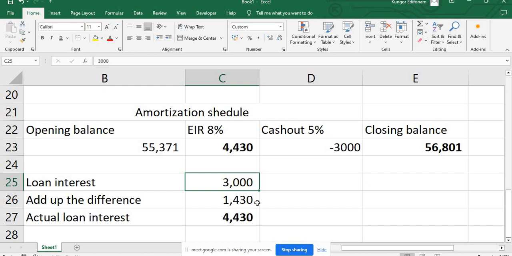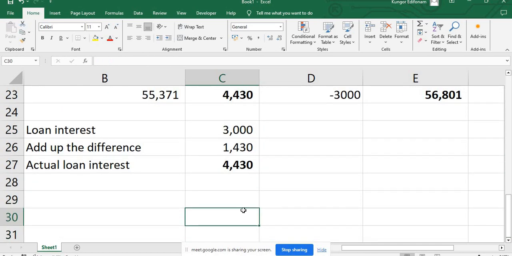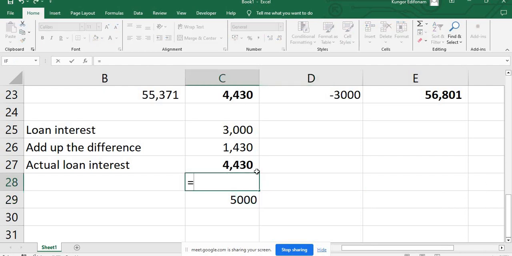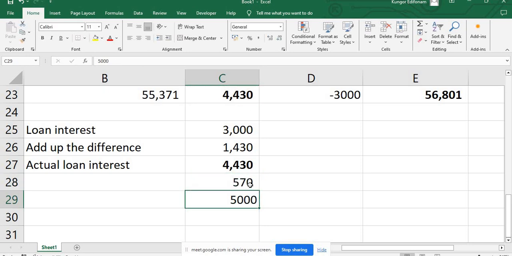There are several cases where the interest that has been charged will be less. After preparing the actual amortization schedule, we find the difference, and in case that part is more, let's assume a figure of say 5,000. If it is 5,000, there would be a difference of this minus the actual, which is 570.